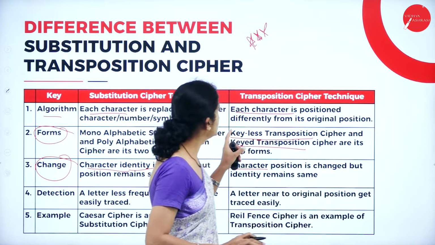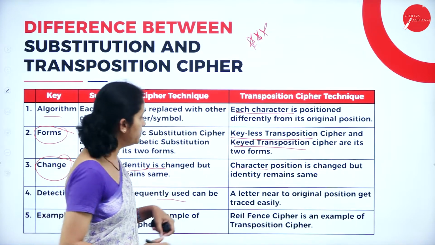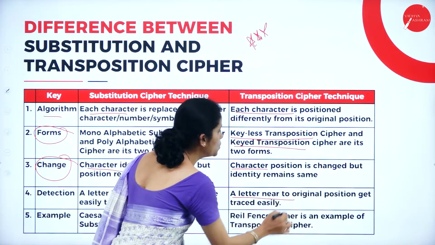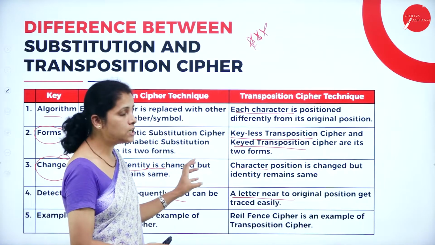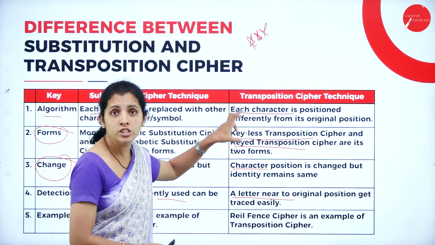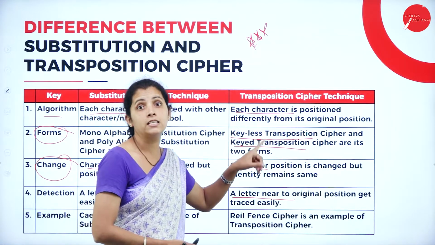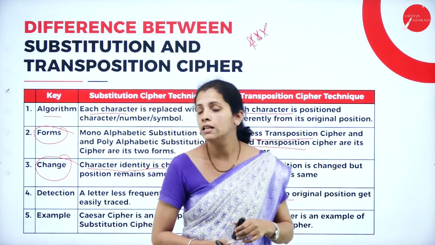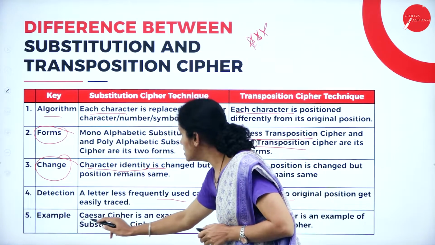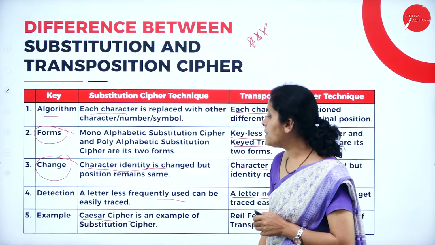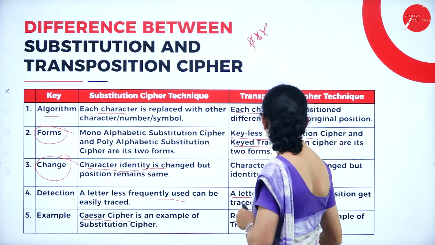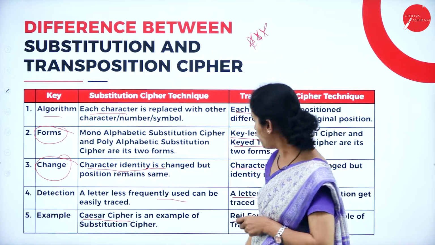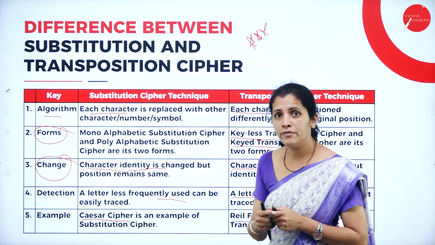And if I consider the transposition cipher, a letter near to its original position gets traced. So the letter which is nearer to the original position gets traced very easily. Now the Caesar cipher is an example of a substitution cipher, and the Rail Fence cipher is an example of a transposition cipher.